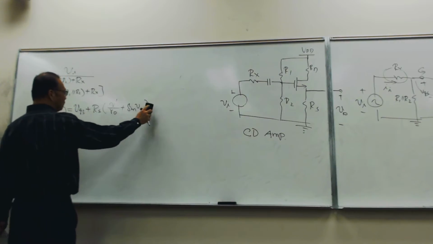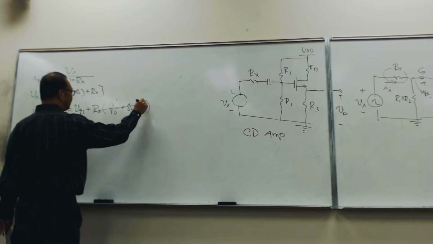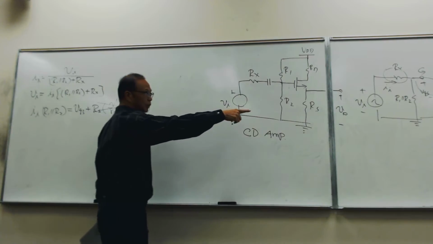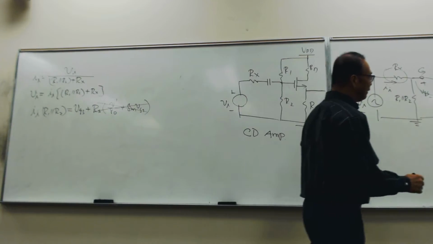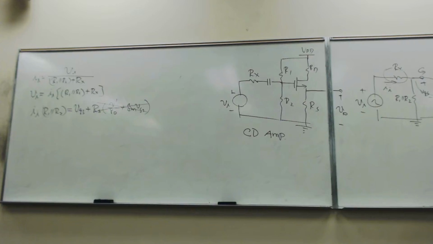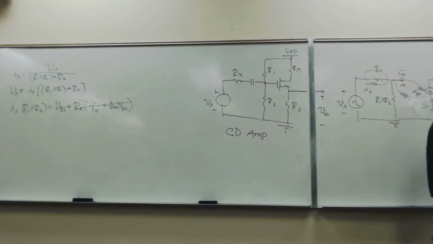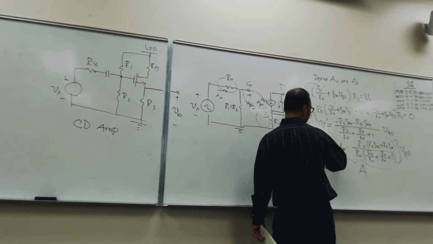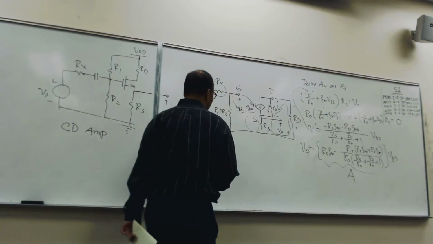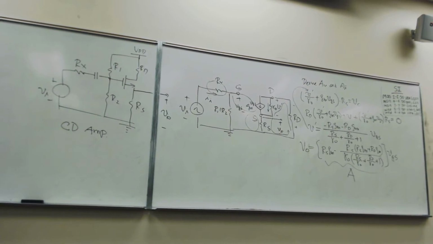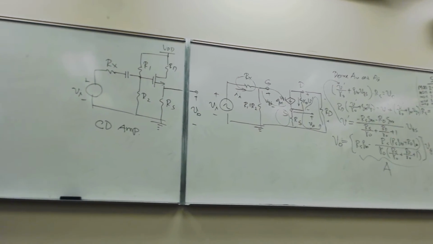This is V sub O, correct? Yes? Okay, and I have an expression for V sub O. And let me do the following, okay? Simplify my writing. So let me call this A, can I? Because basically it's a constant, right? If you plug in all the numbers, it's a constant. So V sub O is basically A times VGS, correct?